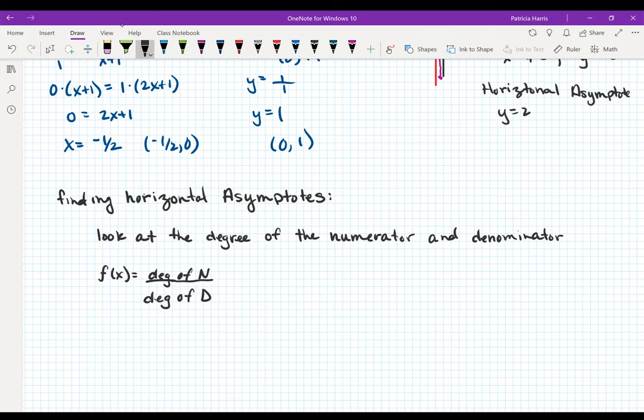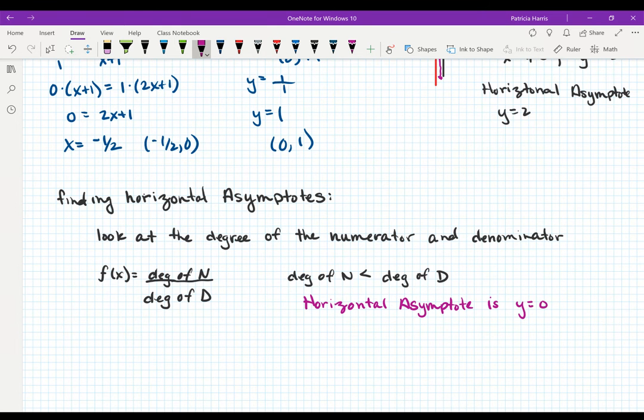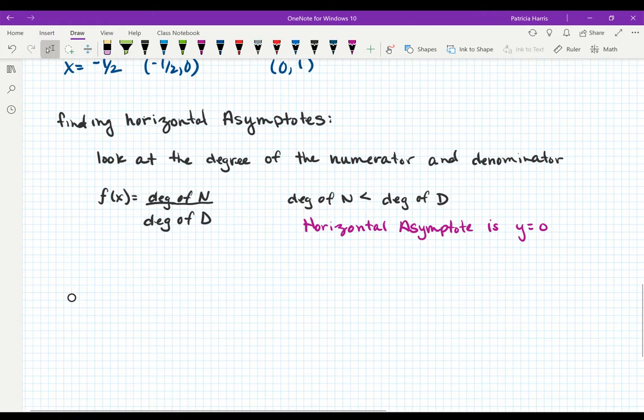If the degree of n is less than the degree of your denominator, then your horizontal asymptote is y equals 0, automatic, no questions asked. Okay? All right.